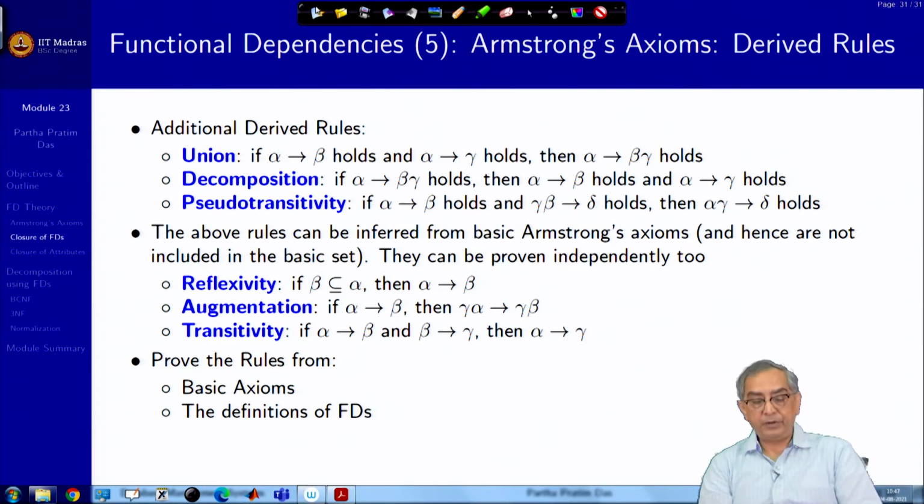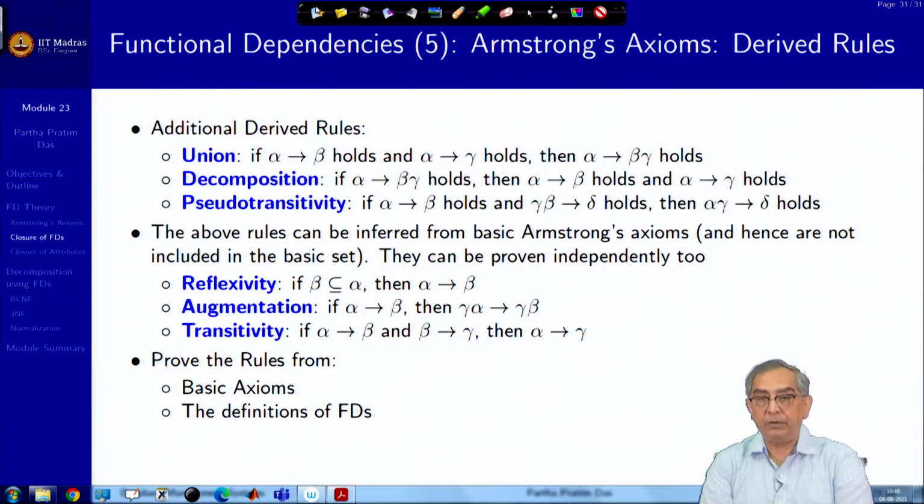Then similarly, decomposition is kind of the reverse of the union, that if alpha determines beta gamma, then alpha determines beta and alpha determines gamma. And pseudo transitivity is if alpha determines beta and gamma beta determines delta, then alpha gamma will determine delta. Again, in the same way you can augment and do this. So, these rules are not included because they are not required for the completeness.